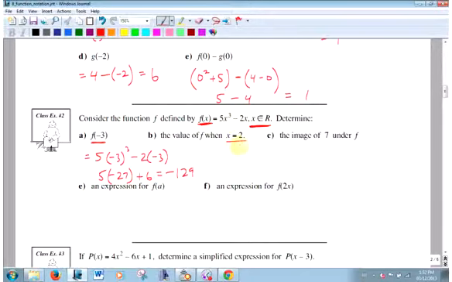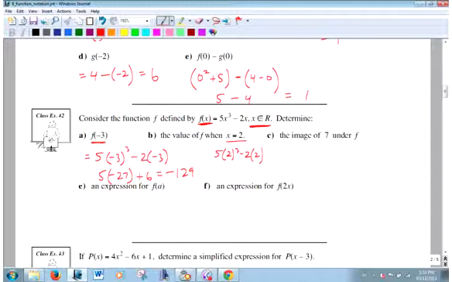Now, x is 2. 5 times 2 cubed minus 2 times 2. That one's worded a little differently, isn't it? It doesn't say what's f of 2. It says what's the value of f, this function, when x is 2. It says the same thing, right? That says the same as this, if it was f bracket 2 bracket.